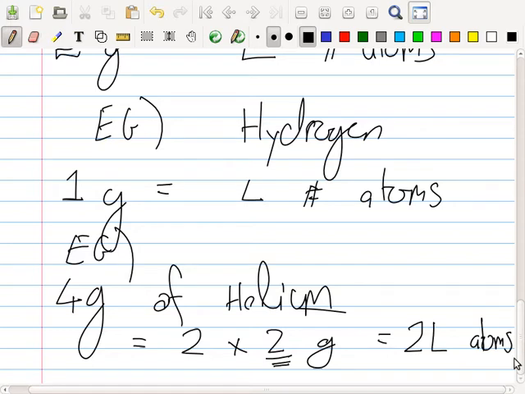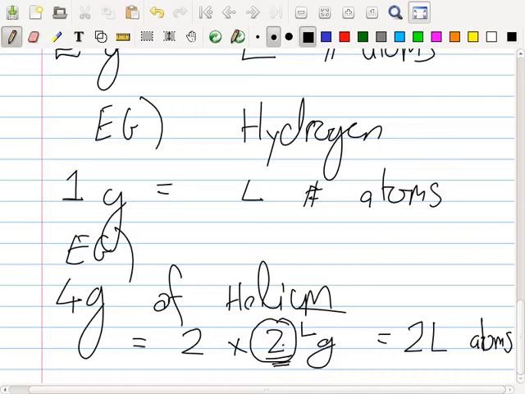How is 2 multiplied by 2 equal to 4? You get the atomic number by itself, and that's L. Let's say the atomic number was 8, for example oxygen. Oxygen has atomic number 8.